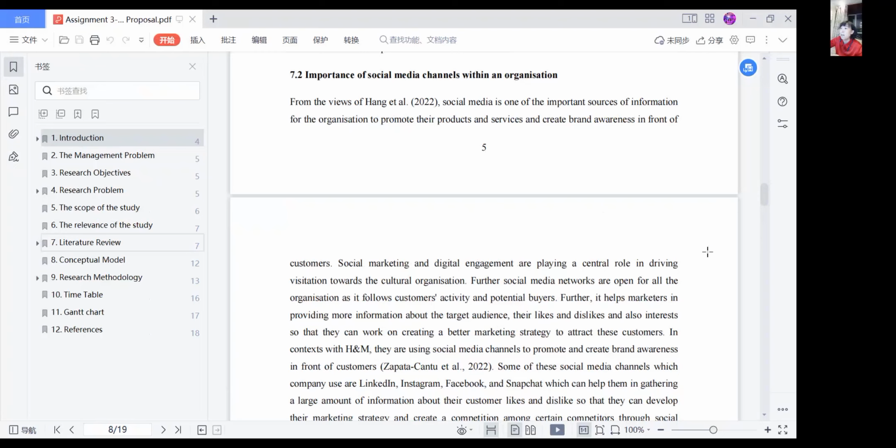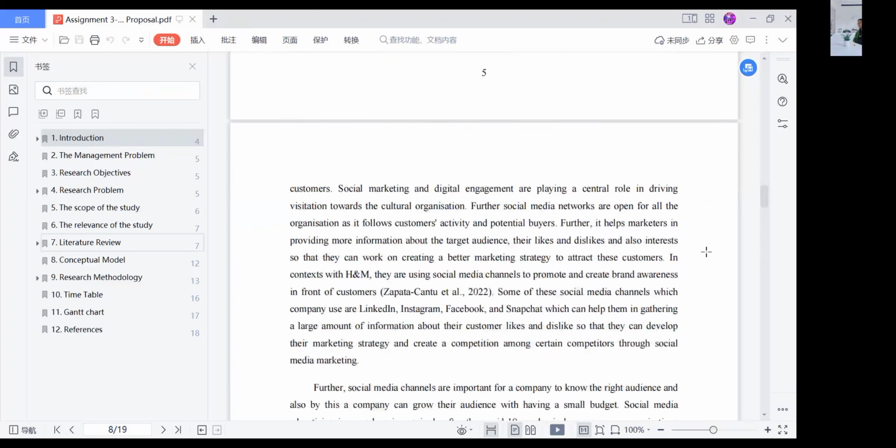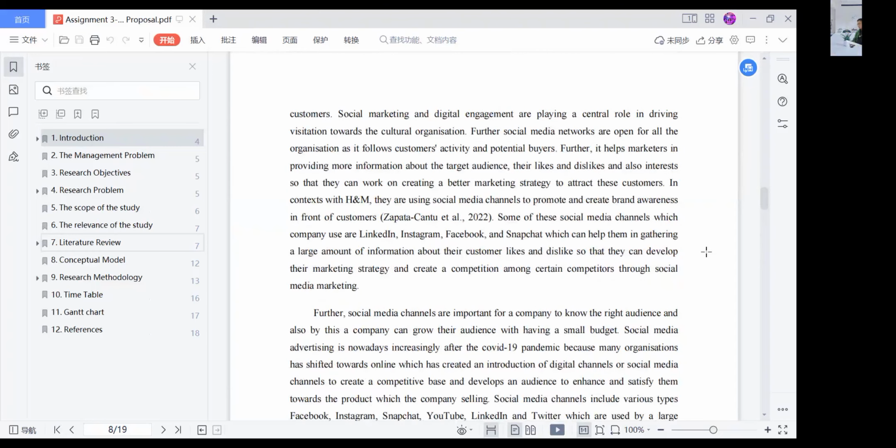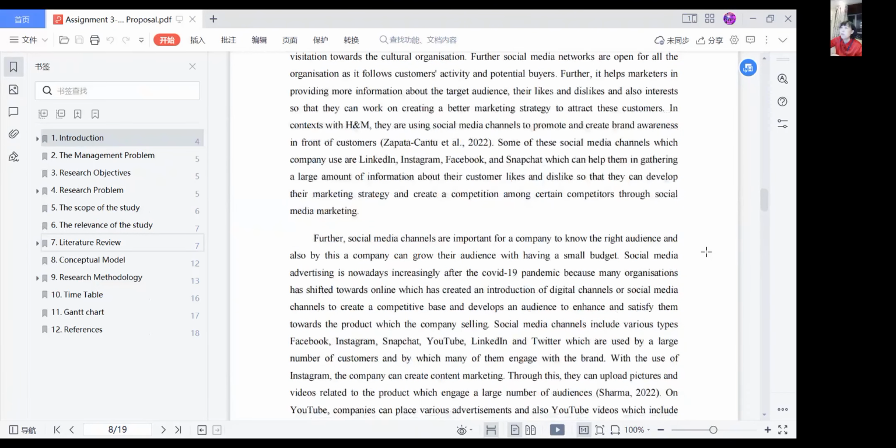Social marketing and digital engagement are playing a central role in drawing visitors towards the organization. Further, social media channels are important for a company to know the right audience, and by this a company can grow their audience with a small budget.